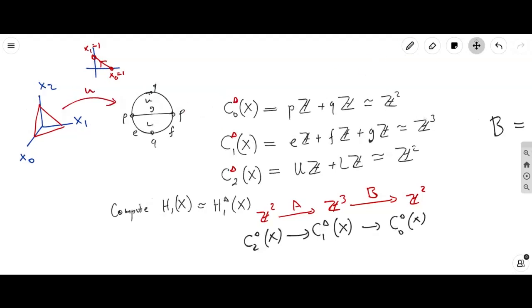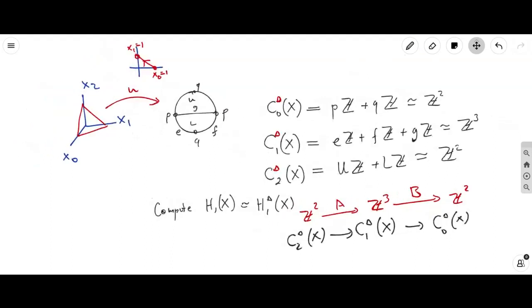U, okay? So let's therefore calculate the boundary. So this over here, this is the one that goes from P to Q, right? So that's the mapping that we have over here, the one that goes like this.